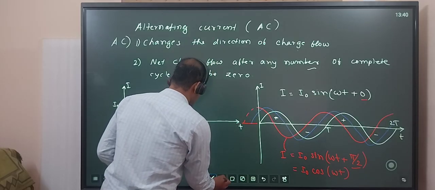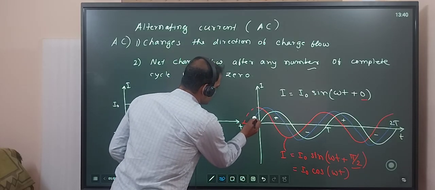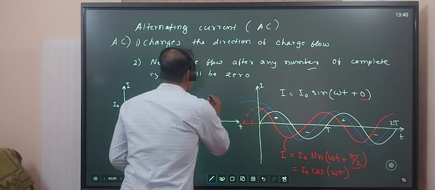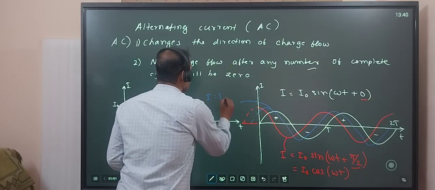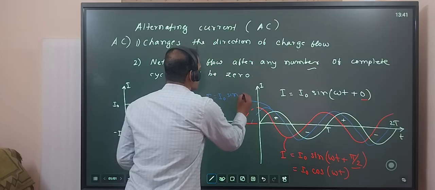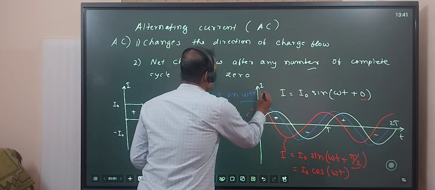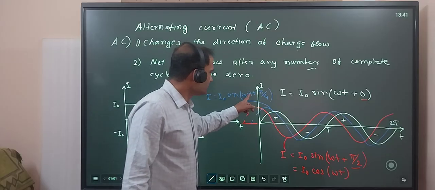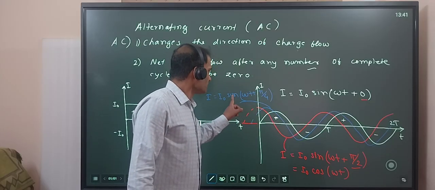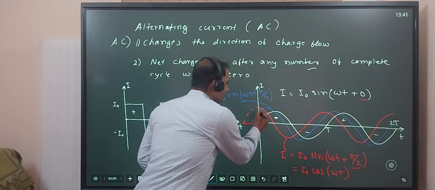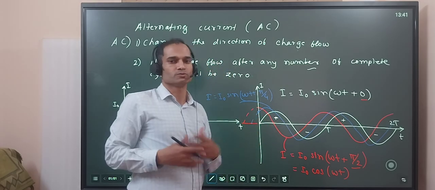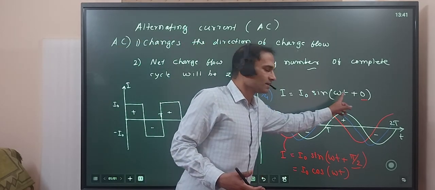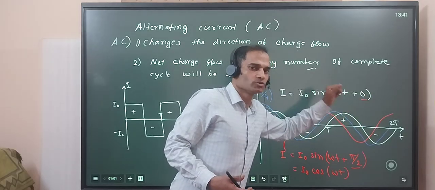The blue one, I will erase this. The blue one is I is equal to I naught sine omega t plus pi by 4. You can see that when t is 0, this will be sine pi by 4 and current still has some value. Here the current value will be 0 at time t is equal to 0.